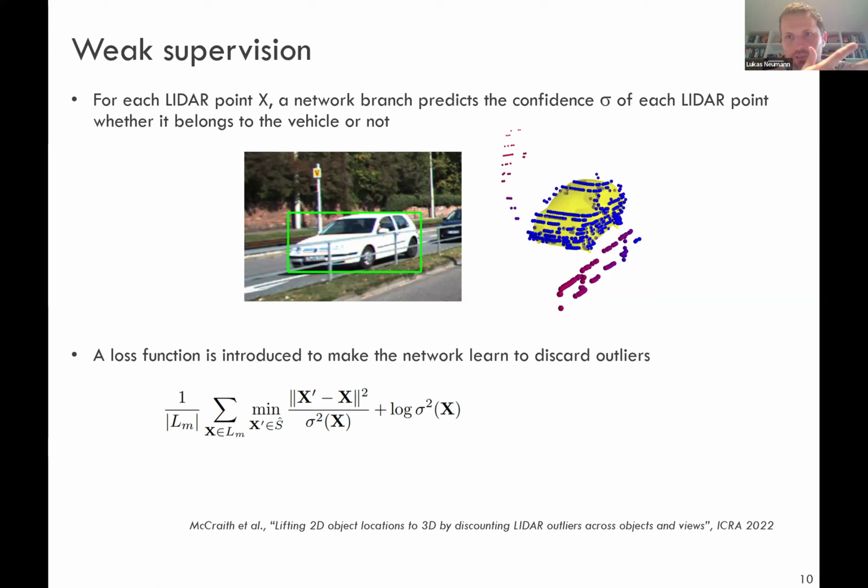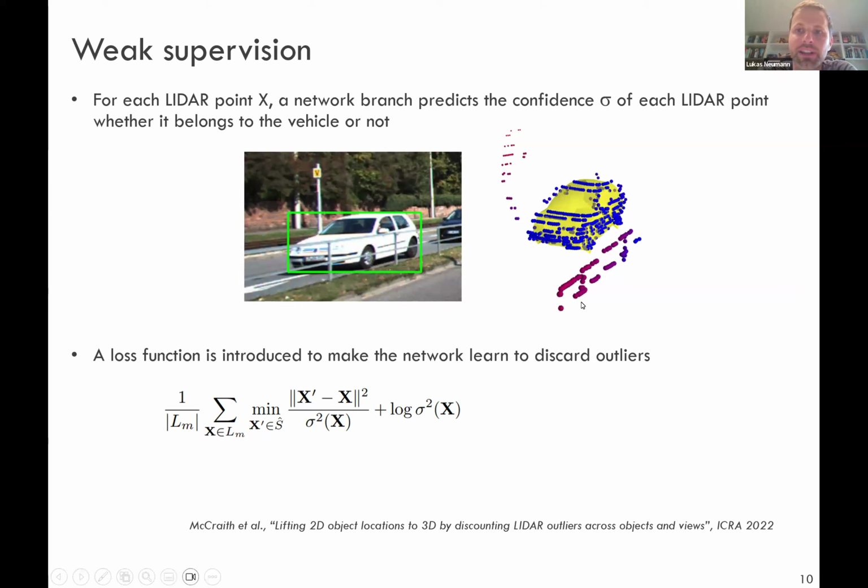It gives us a fitting error, if you like, but because there are many outliers, as you can see, for instance, here in the back or here in the front, the guard rails, the network also needs to say, okay, I believe this point should be assigned to the car, or to the model that we're trying to fit, or it should be discarded because it's an outlier.